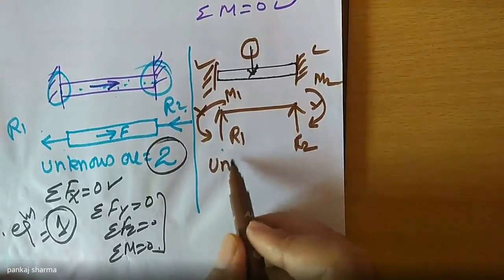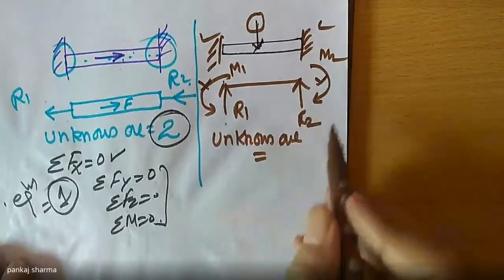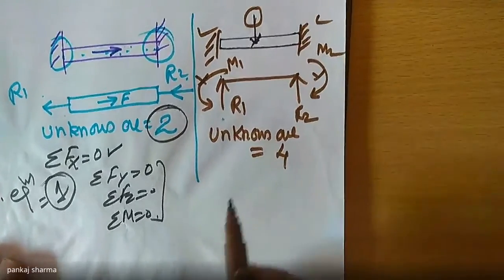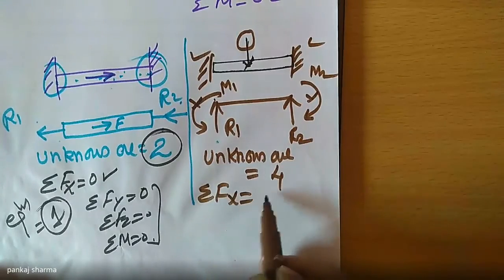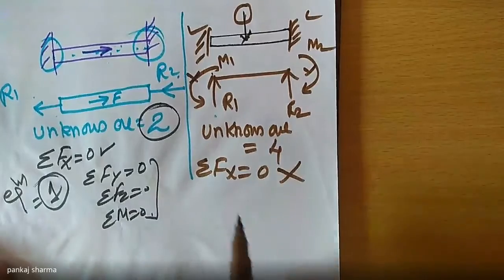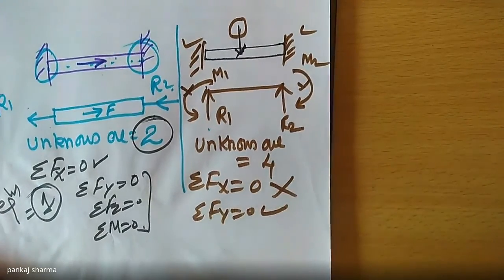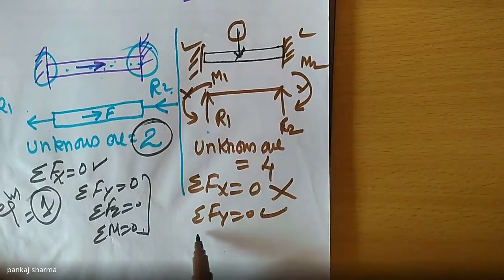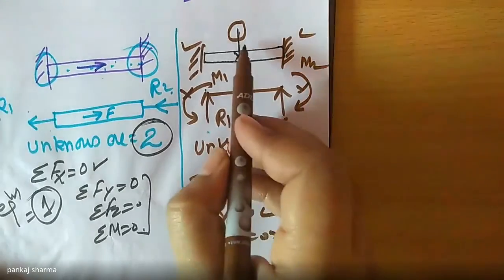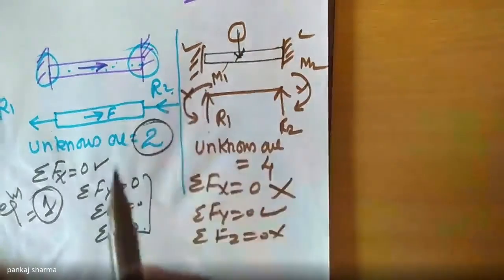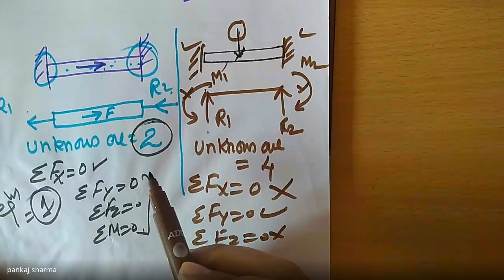So unknowns are 1, 2, 3, 4. Available equations: Fx equals 0, not applicable. Fy equals 0, yes, it is applicable, there is a vertical force in the y direction. Fz equals 0, not applicable. This force is trying to rotate this beam, yes, so the moment reaction must be there.